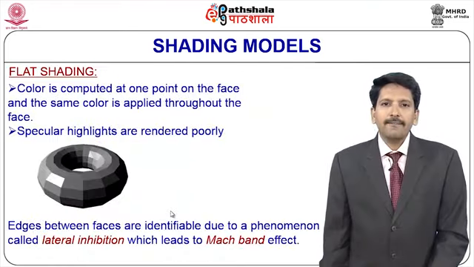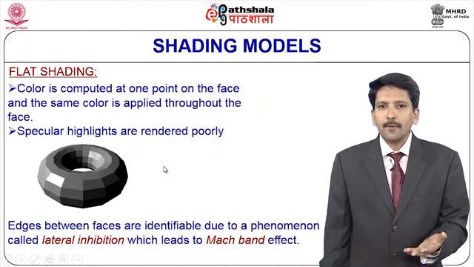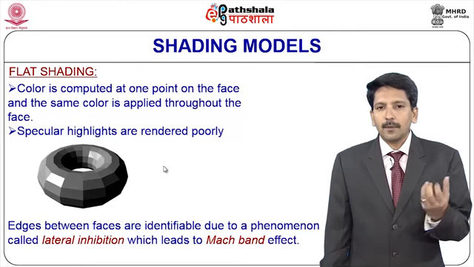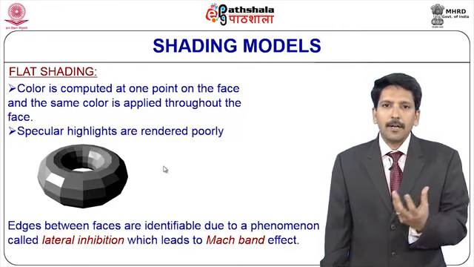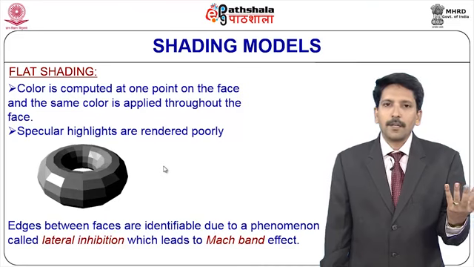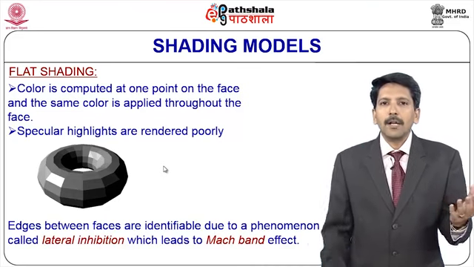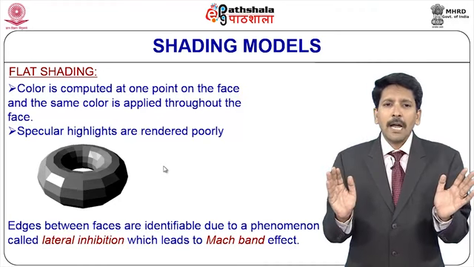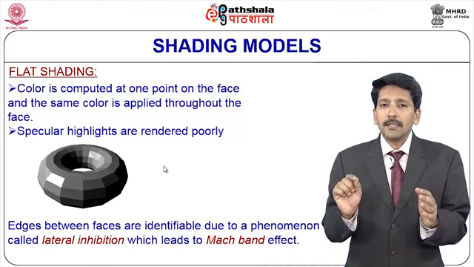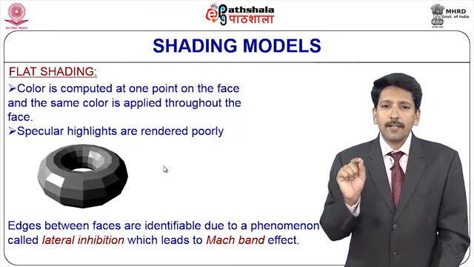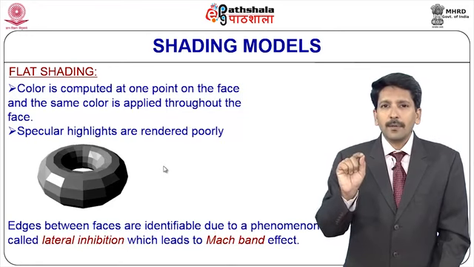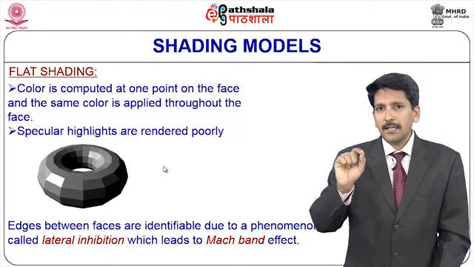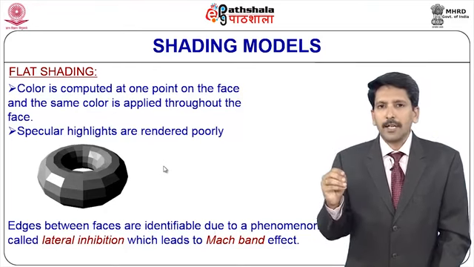So, flat shading is a basic version of shading where we tend not to bother much about the various undulations or the kinds of surface properties. What we do is imagine the surfaces are made up of polygonal flat faces. We consider one polygonal face on the object, compute the normal vector for it, and compute the amount of reflected light assuming a given light source and a viewing direction.